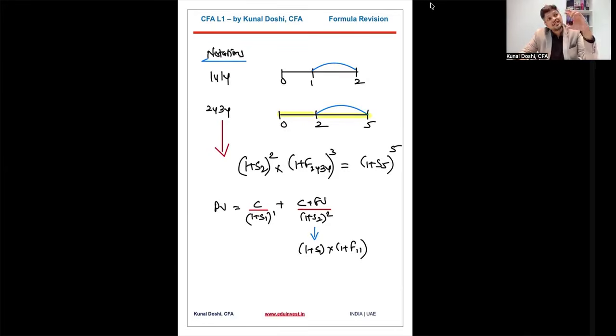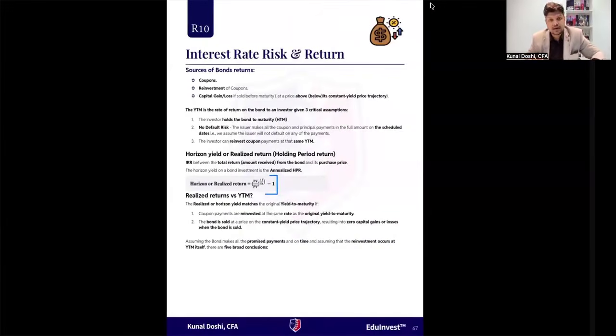Students see CFA Institute's explanation, and with all due respect, that explanation is sometimes confusing, and students are like, sir, I don't understand their explanation. So I tell them, ignore their explanation, do it in your way or our way that we did. Don't try to match their explanation. Their process may be different. Okay? Cool, everyone? Clear?